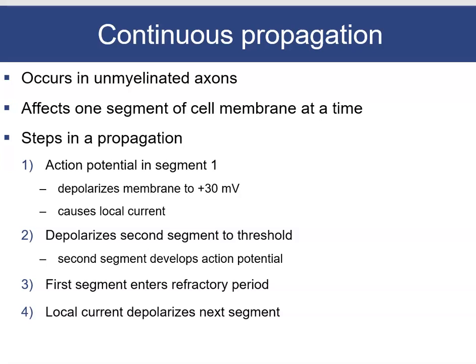When the second segment is generating an action potential, that first segment will be in a refractory period and cannot be re-stimulated again. This creates a current that will keep depolarizing the next segment in line.